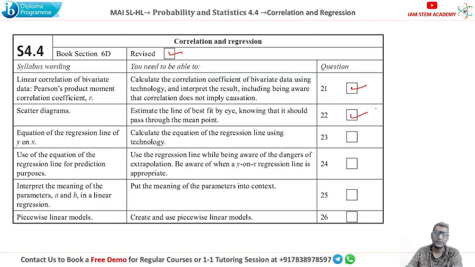Estimating the line of best fit by eye or by using a calculator. Then using that regression to calculate interpolation and extrapolation. Then the meaning of a and b, or you can say the intercept and the gradient, and constructing a piecewise linear model for the given data.